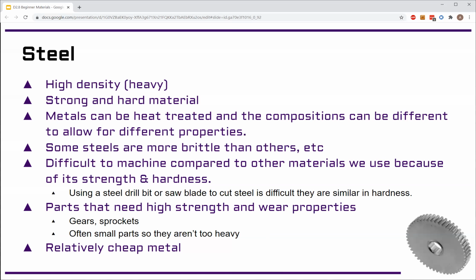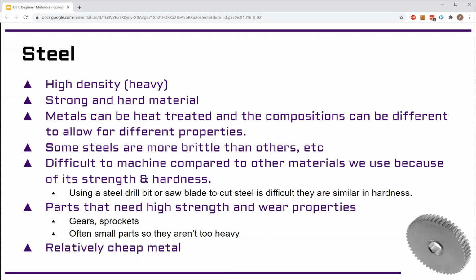You know what steel is: large parts of cars and buildings and many, many things are made of steel. Steel has a relatively high density. So a part made of steel, compared to a part made of almost any other material we use, is going to be the heaviest choice if it's the same volume part. Steel is very strong and hard.